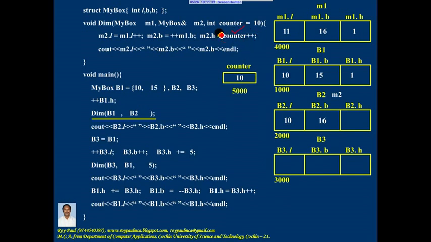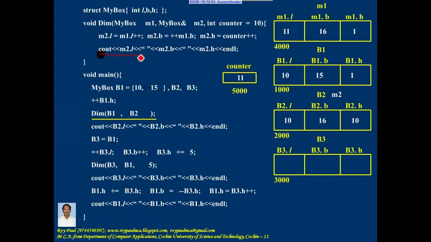Counter should be used for the assignment operator, which means counter should be assigned to m2.h. Your counter contains 10. This is m2.h. So here 10 comes. Now after that, counter++. So this becomes 11. You can see this becomes 11.